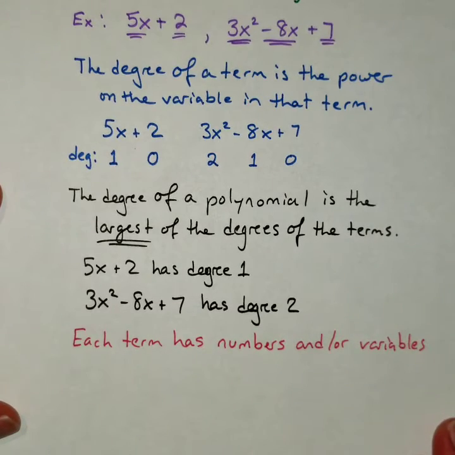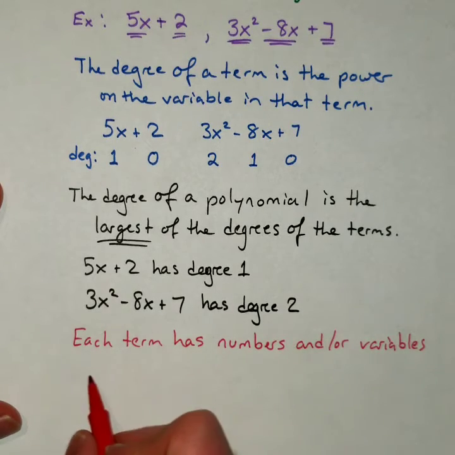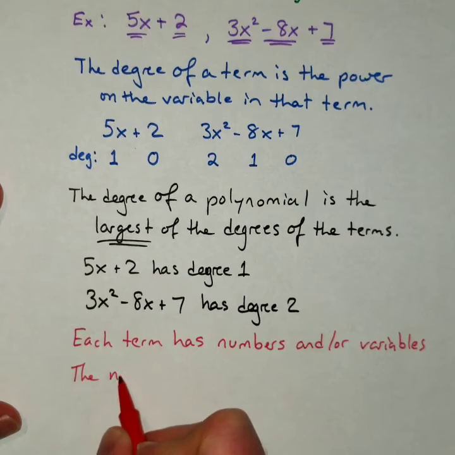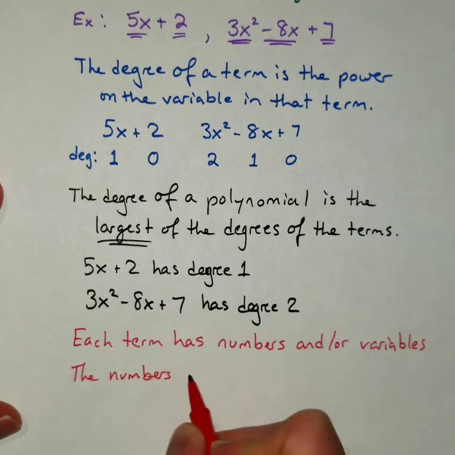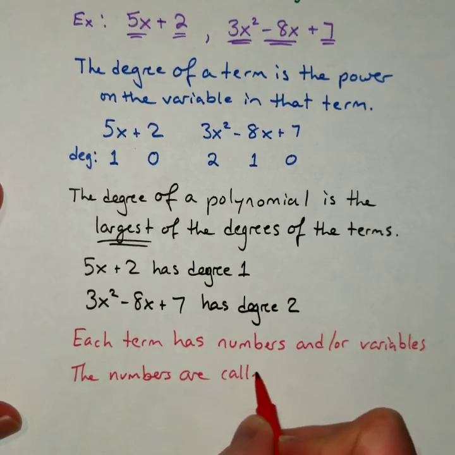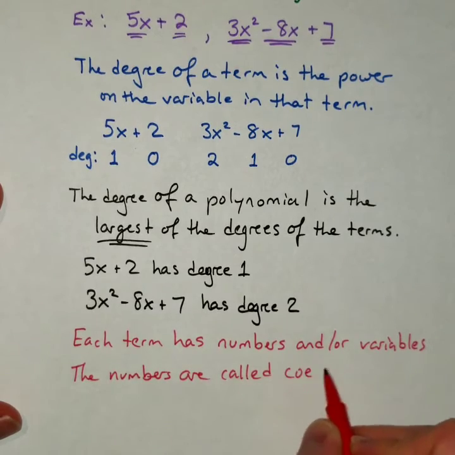You may have one or the other. You don't have to have both. The numbers are called coefficients.